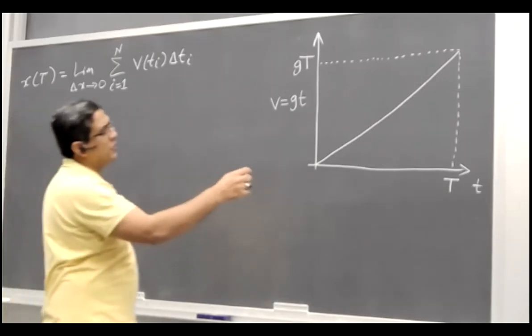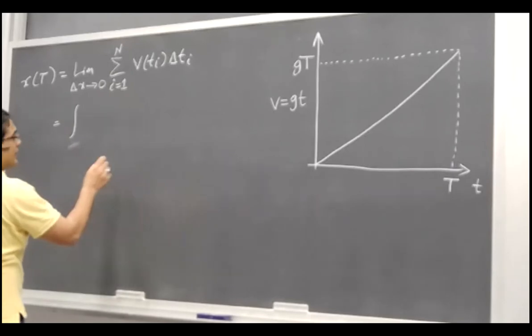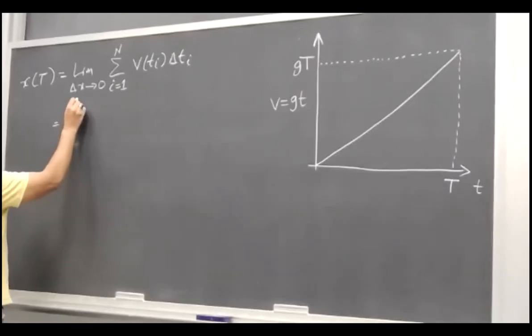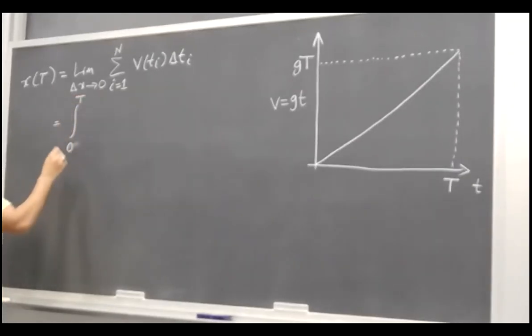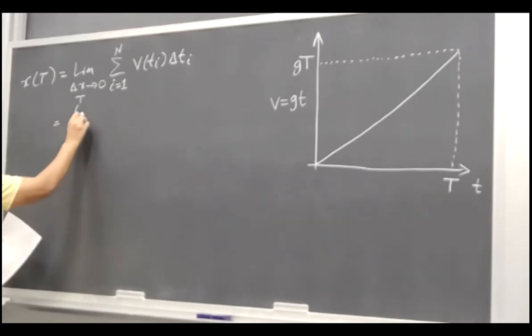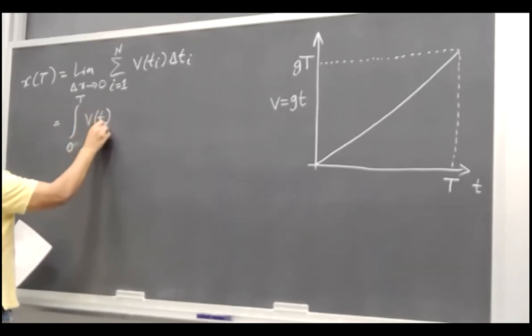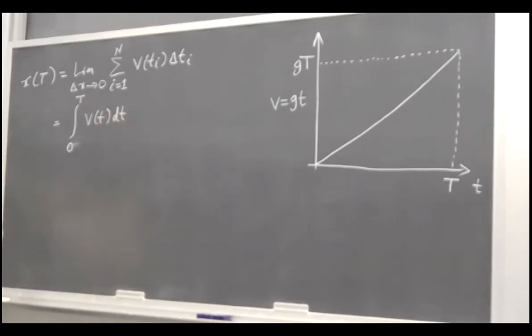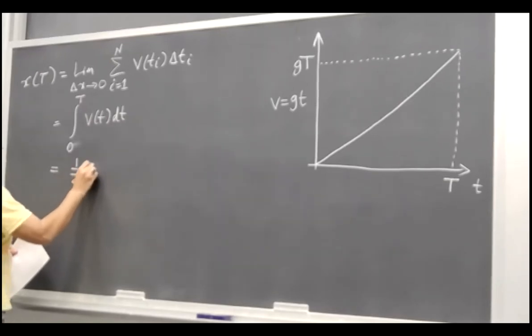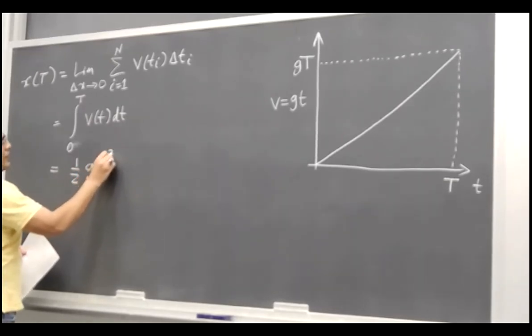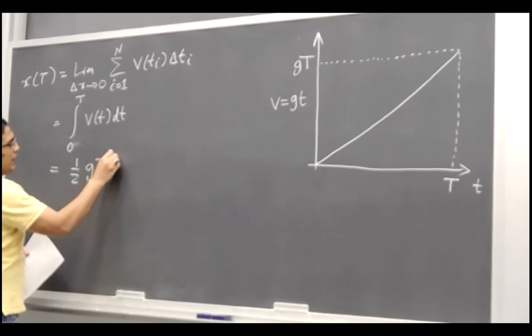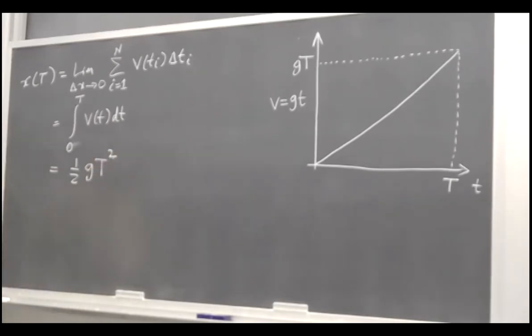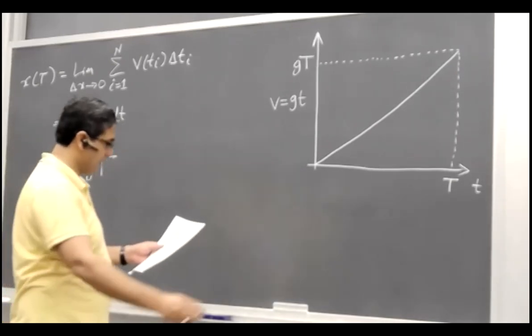When we were doing this, it's 0 to t of v of t delta t, and this we said is equal to half g t squared. And I'm not sure if we made this argument explicitly.